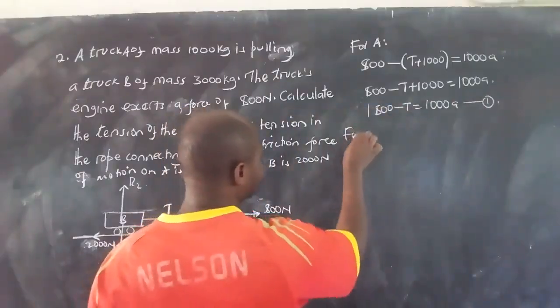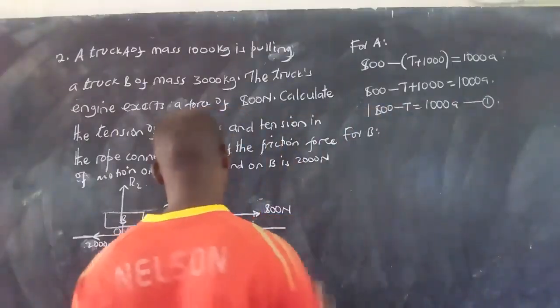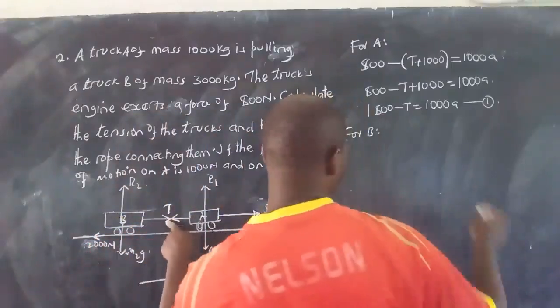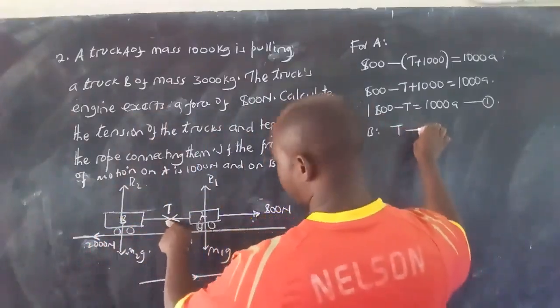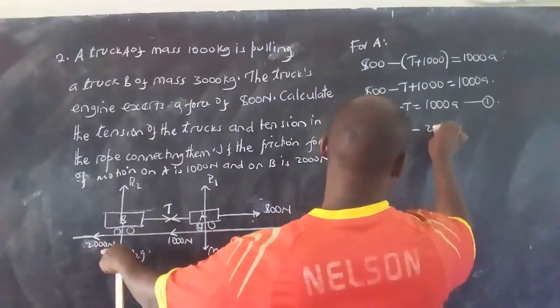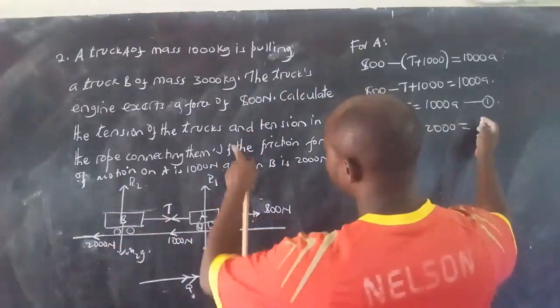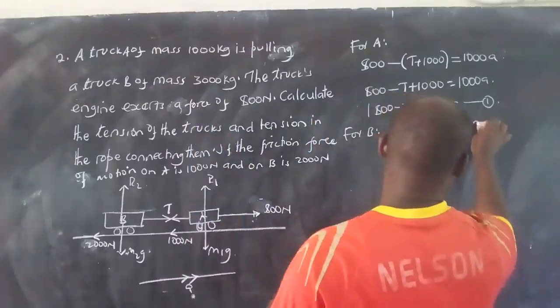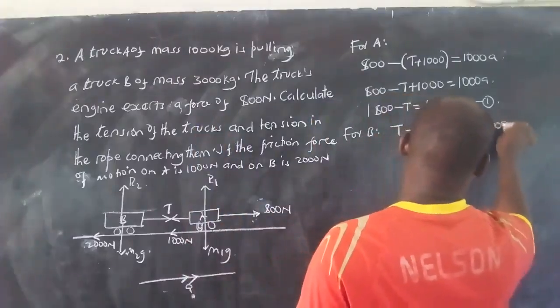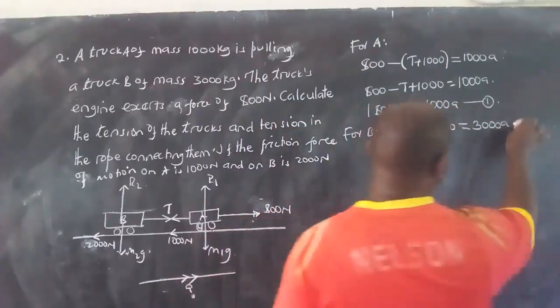Then for B here it has tension minus 2,000 should give us MA. Our mass is 3,000. So this is equation 2.